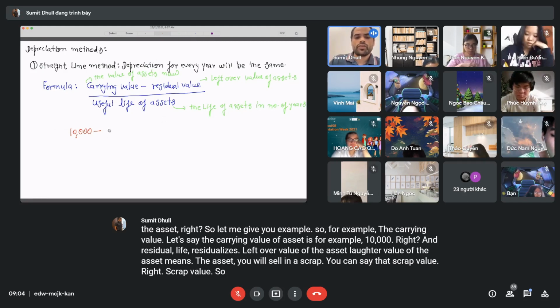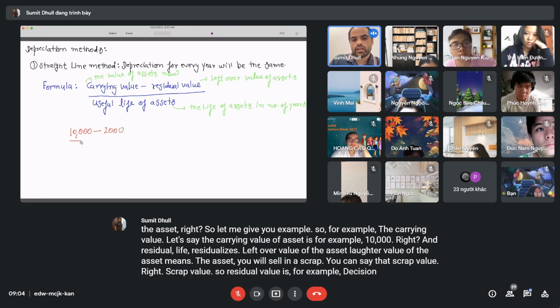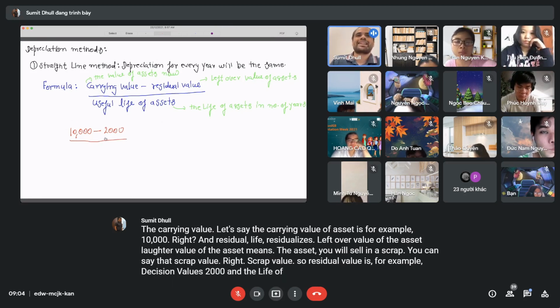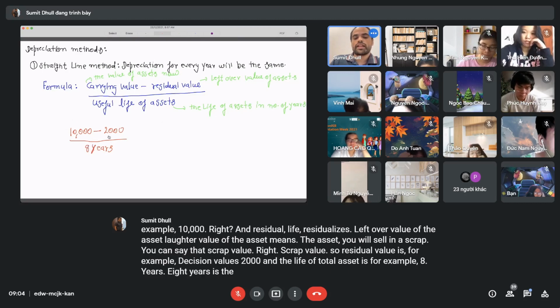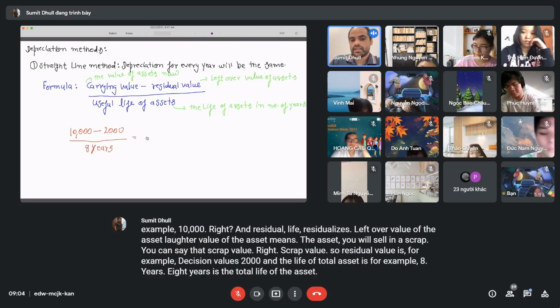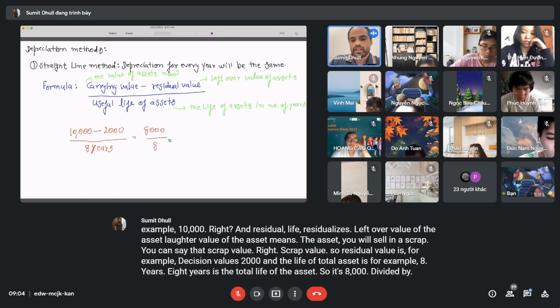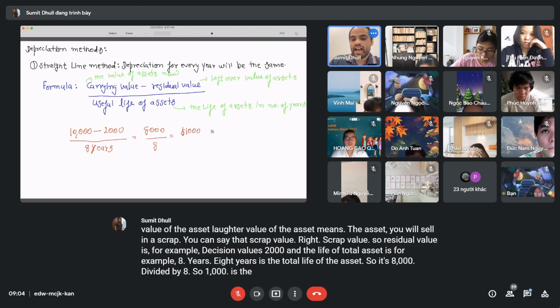So the residual value is, for example, 2,000, and the total life of the asset is, for example, 8 years. So it's 8,000 divided by 8. So 1,000 is the depreciation.